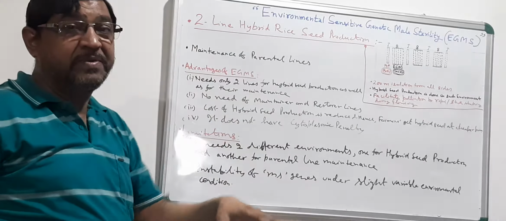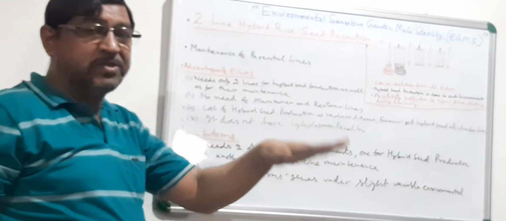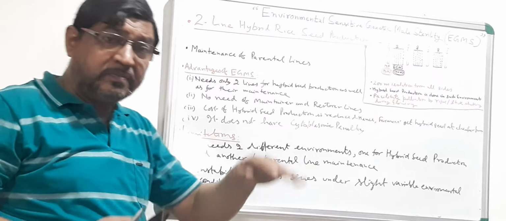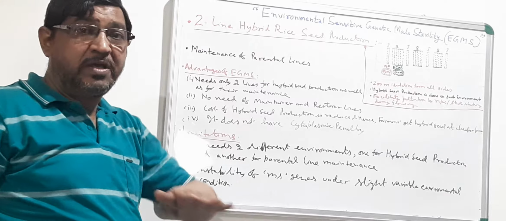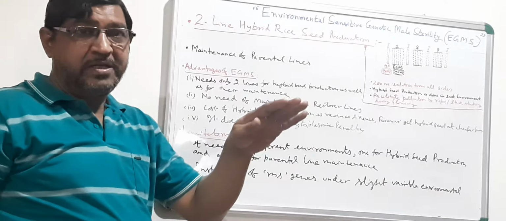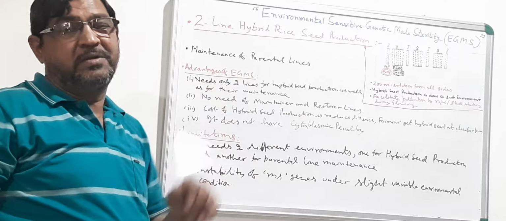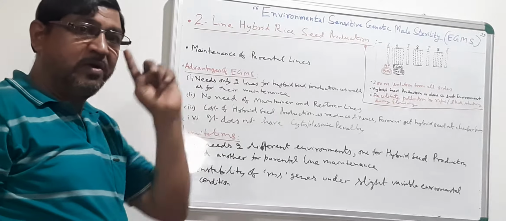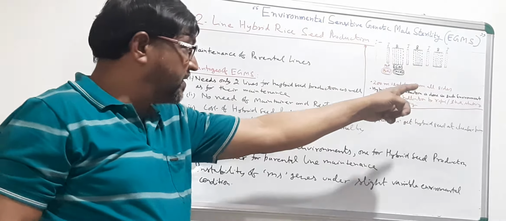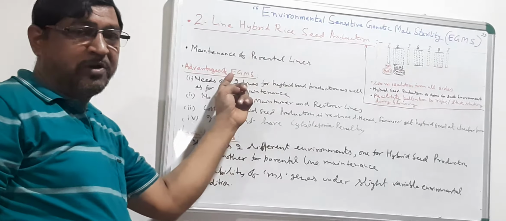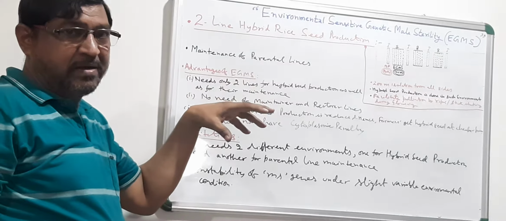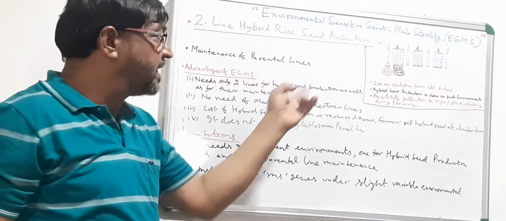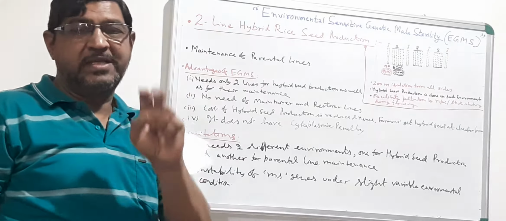Or if it is TGMS, you must grow it for maintaining the EGMS line by selfing in an environment where the temperature is below the critical point. So you are requiring 2 environments: one environment for hybrid rice seed production, another environment for maintaining the parental lines. So every time you are requiring only 2 lines.